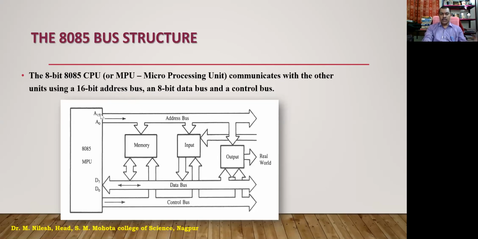These 16 wires take the address of the memory location specified in the program. Now, as you can see, this is going to communicate with the memory, as well as with input and output devices.